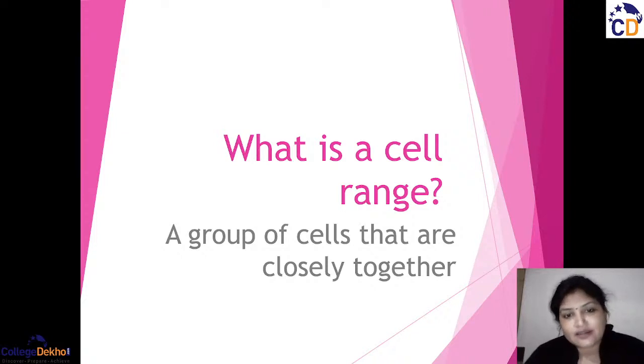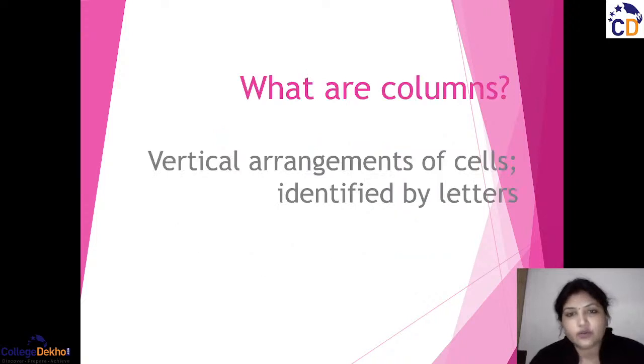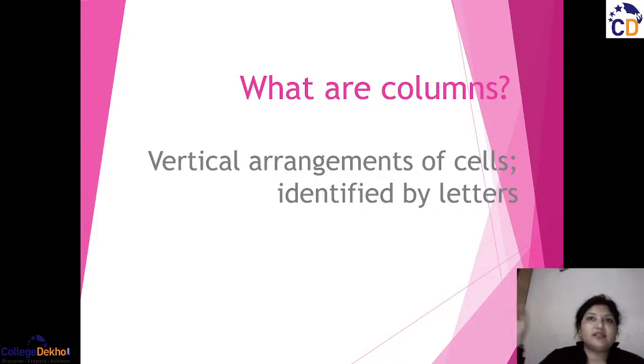So what is a cell range? A group of cells that are closely together. What are columns? The vertical arrangement of cells. What are rows? The horizontal arrangement of cells. So when we use Excel, you may directly understand what are columns, because columns are the vertical arrangement of cells. It has the headings with alphabets like A, B, C, D, E, F, G, H and so on.